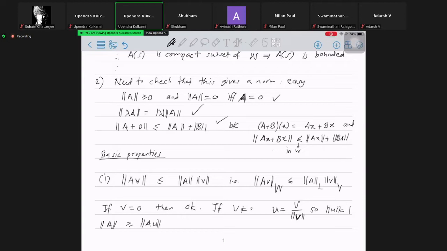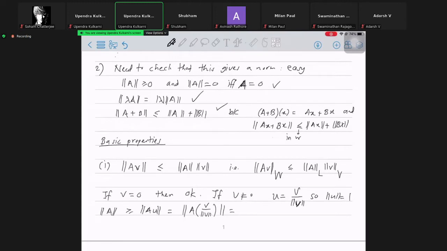Okay, so the norm of A is greater than or equal to the norm of A applied to u, where I have taken a specific unit vector. So now run with this. What is that? That is really just the norm of A applied to v divided by the norm of v. It looks a little complicated, but it's all very simple. A is a linear operator, so the norm of v in the denominator just comes out of A. And then it also comes out of the norm, because the norm is a homogeneous function.